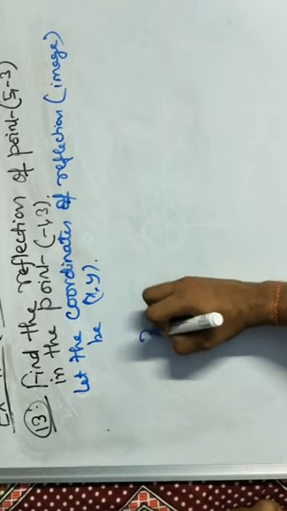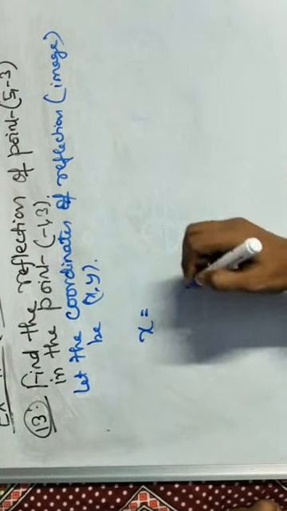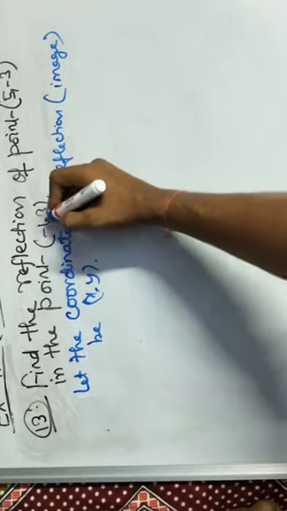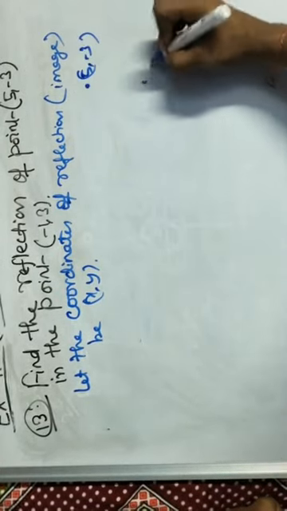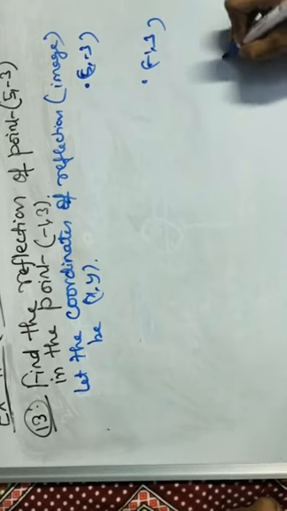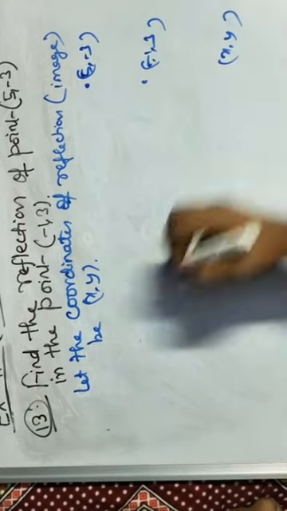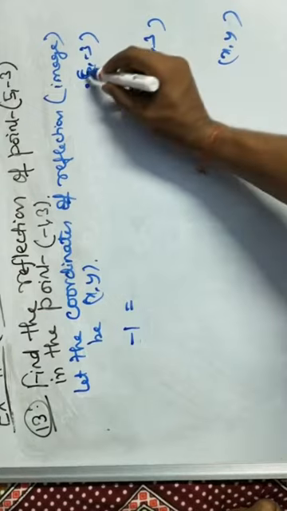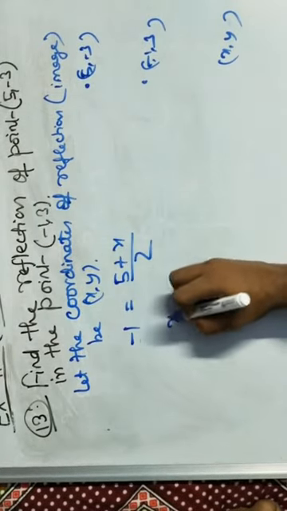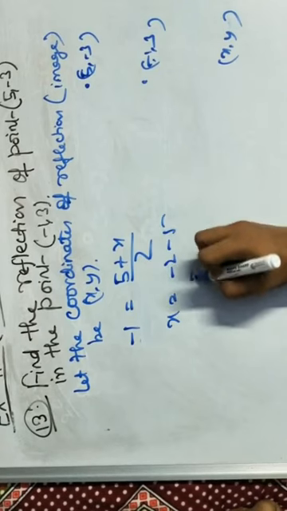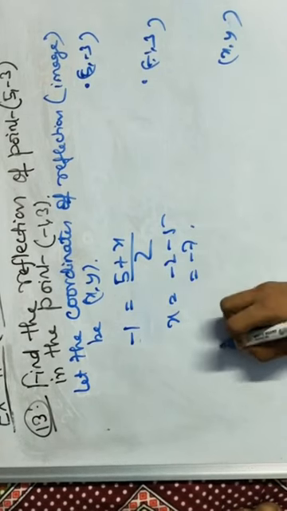Then obviously, here you have 5 comma minus 3, then minus 1 comma 3, its reflection is x comma y. Then minus 1 must be equal to 5 plus x by 2. So x will be what? Minus 2 minus 5, that is minus 7.